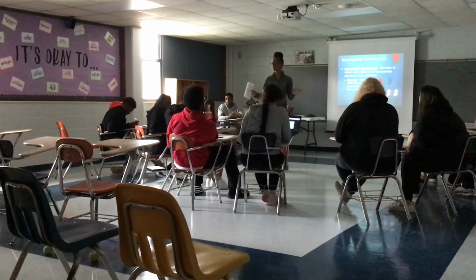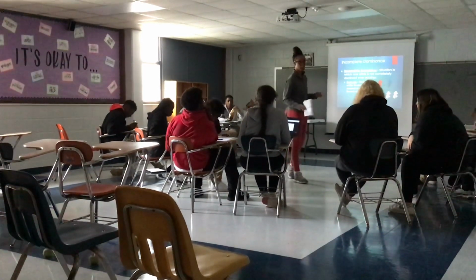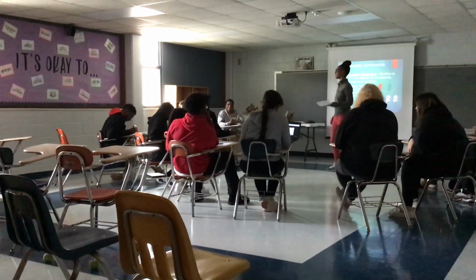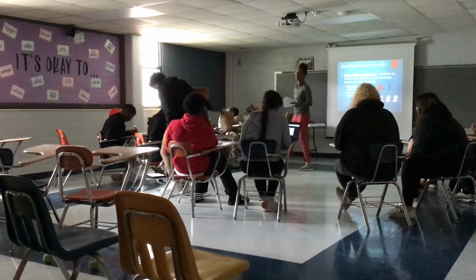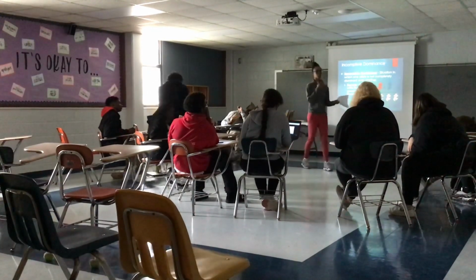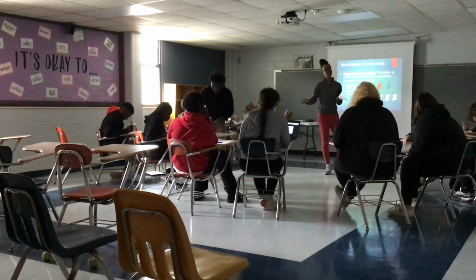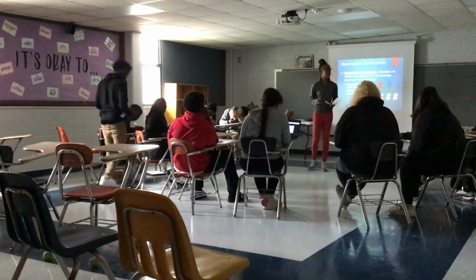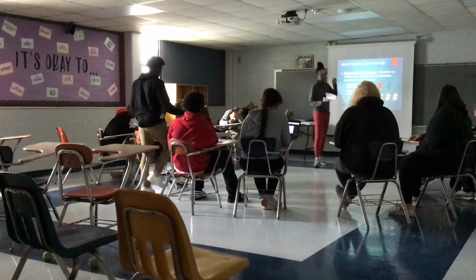Hey, listen up. Listen to the answer. Punnett squares. Good. So scientists use Punnett squares to be able to determine the probability of the offspring, and also to determine their genotypes and phenotypes. So we can determine a lot by those Punnett squares.